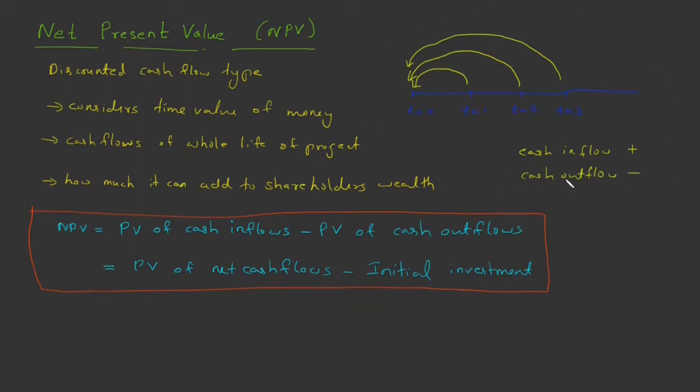This is the simple idea in calculating net present value. To bring all the future cash flows to the present value, we need to apply a discount rate. So that is the method we use to calculate the net present value. By applying a discount rate, we bring all the future cash flows to the present value and calculate the net cash flows at time t equal to 0.